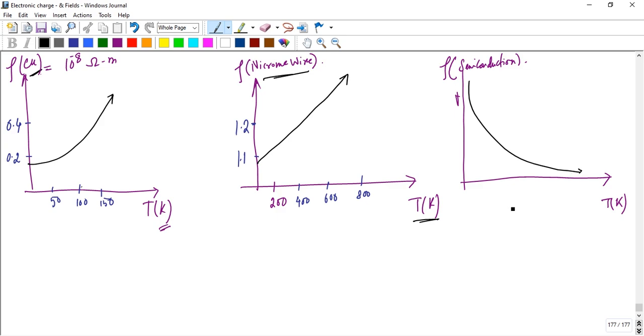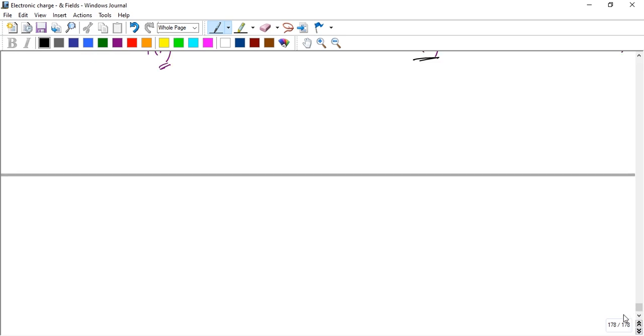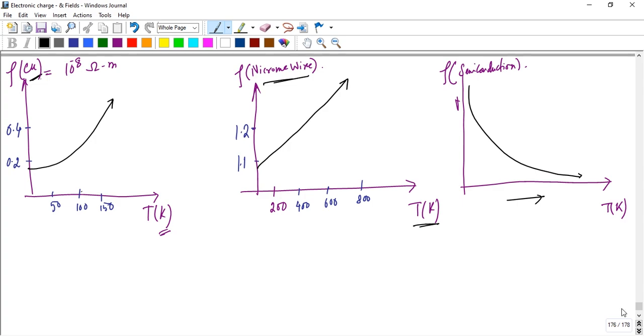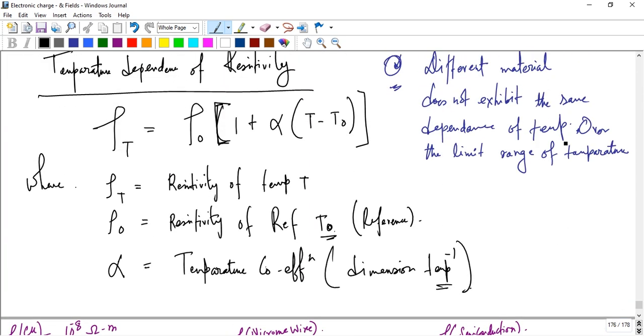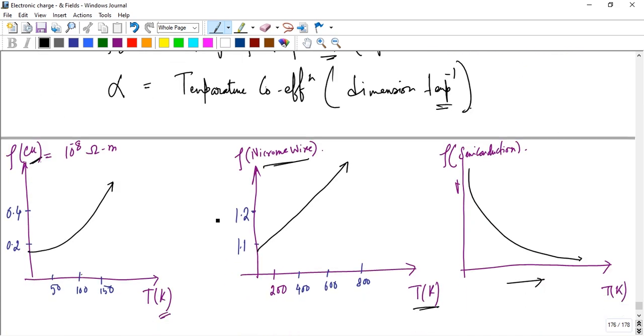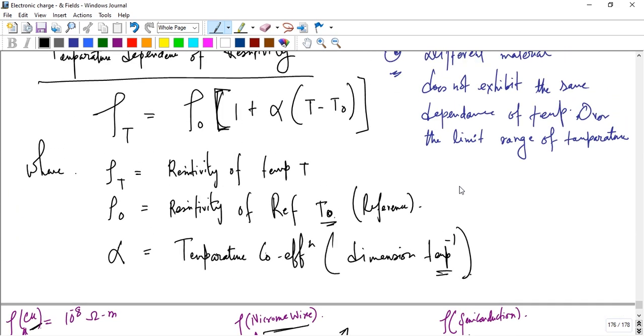If the temperature increases, the resistivity decays. This is a typical semiconductor, the temperature increases, so the resistivity decays. That is a typical semiconductor nature, and it is very important. This makes clear why I said that different materials do not exhibit the same dependence on temperature over a limited range of temperature. These plots satisfy that statement.